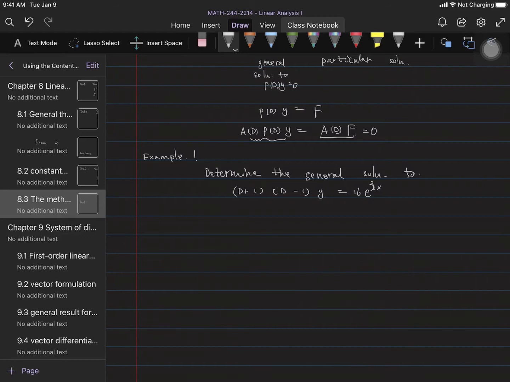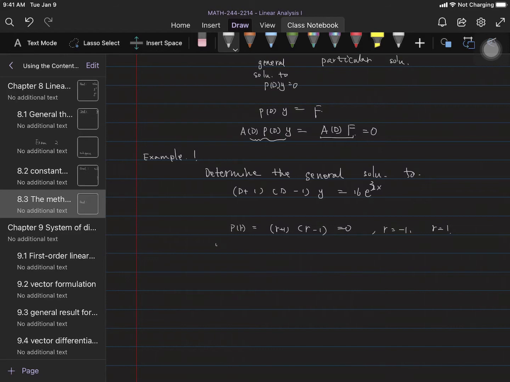So firstly, let's take a look at the general solution to the associated homogeneous equation. That means the right side equals 0. So P(r) = (r + 1)(r - 1). If we make this equal 0, we get r = -1 and r = 1.